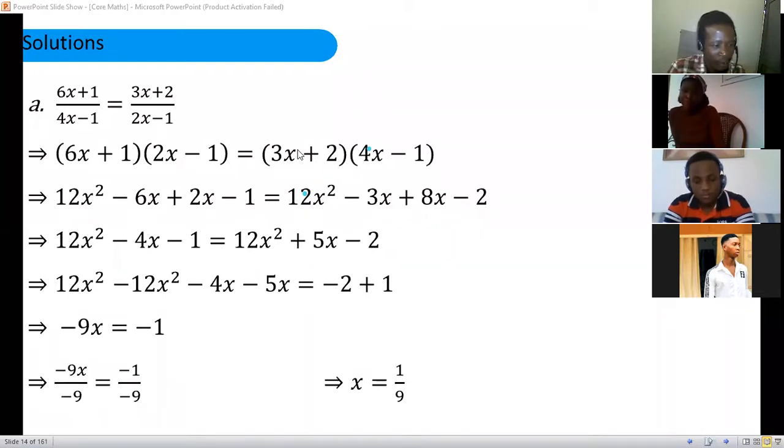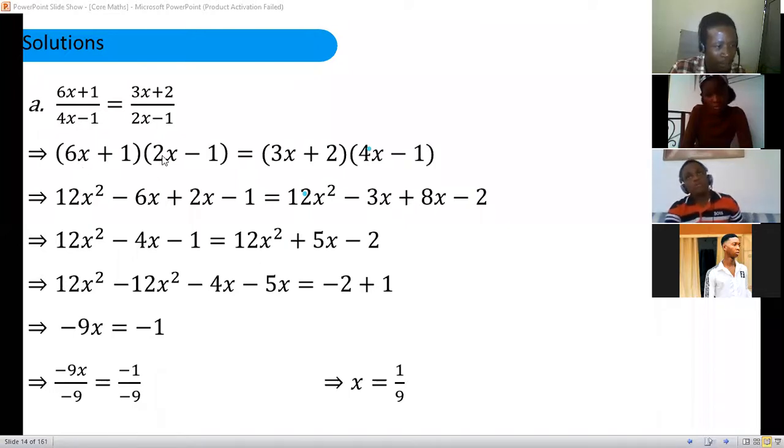The next thing we need to do is to expand the brackets. In expanding the brackets, first term here, we'll take it and multiply through with all the terms in the second bracket. So that is 6x times 2x will give us 12x squared. 6x times minus 1 will give us minus 6x.